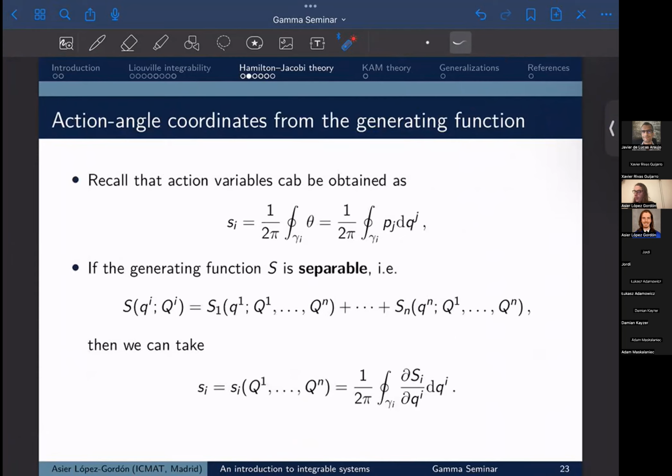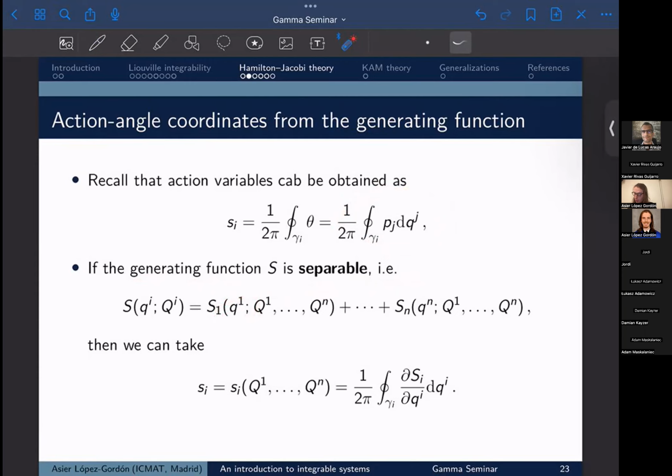Now let me recall that we can obtain action coordinates in terms of integrals along cycles. So if we assume that our generating function is separable, that means that we can write it as the sum of functions that depend only on one of the lowercase q's.